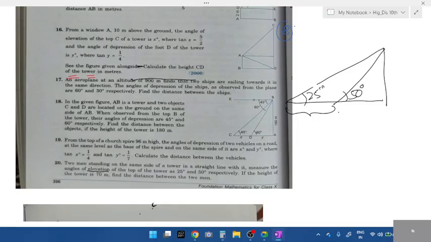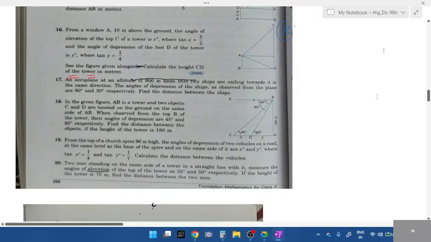Be quick, copy the question. We'll do angle of depression in opposite sides now. Same side is done. We have done 3 questions.